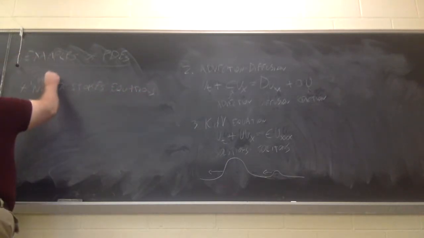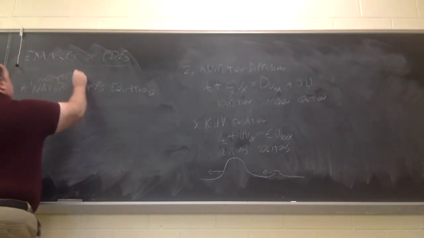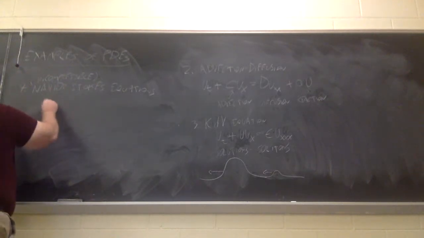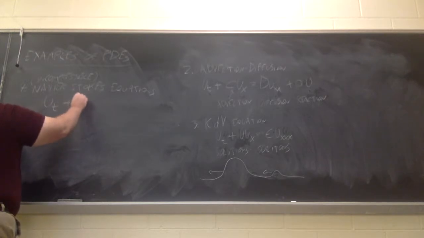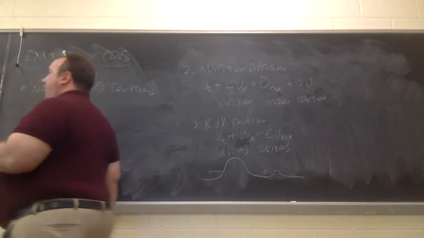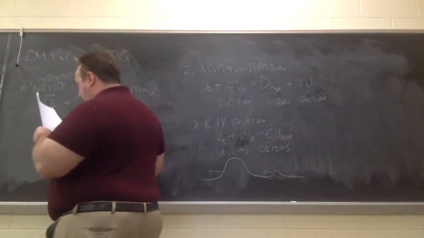There are different forms. There's compressible and incompressible. I'll write down the incompressible version. So it's a system of equations, u_t plus, well, u is a vector quantity, so it's a function that has three components to it.